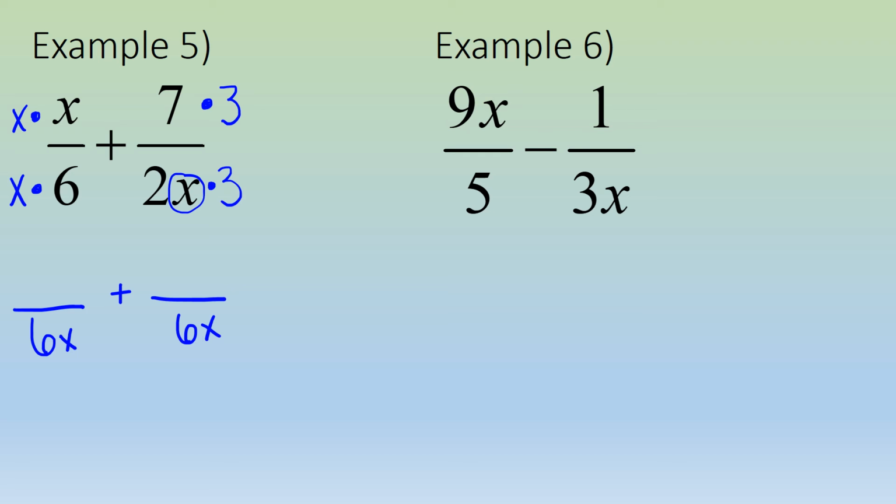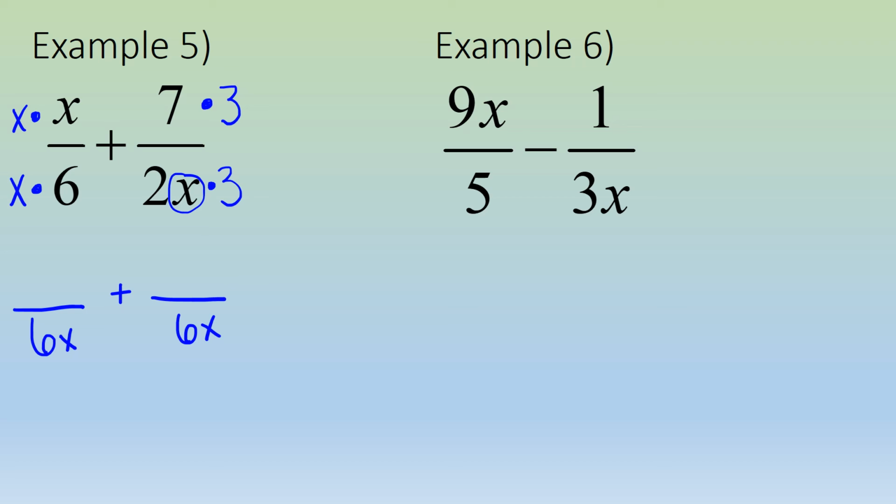So far, examples 1 through 4, we've only had to find common denominators with numbers. Now we're going to have to find common denominators with numbers and variables. So don't just multiply by the 3 and forget about the x on the other fraction. We need a common denominator of 6x.